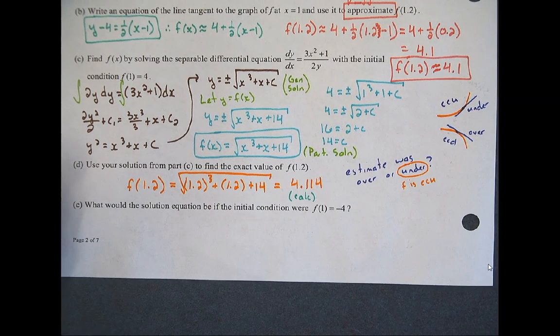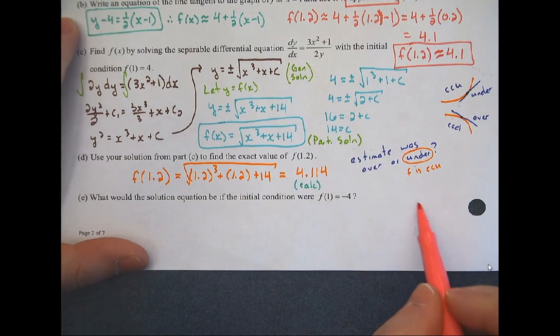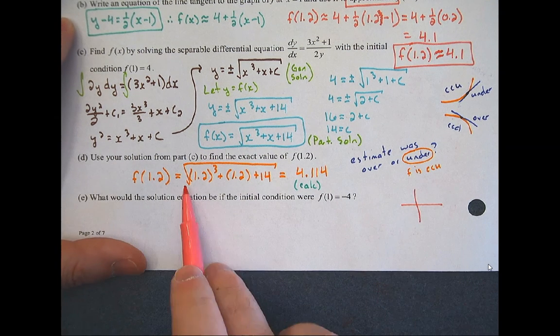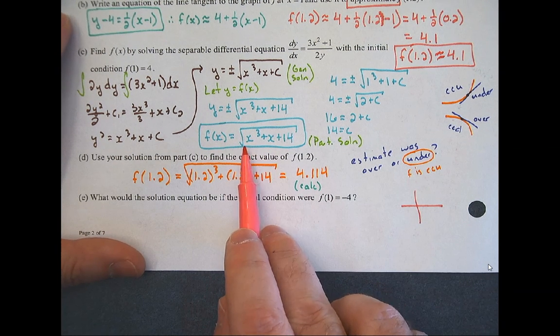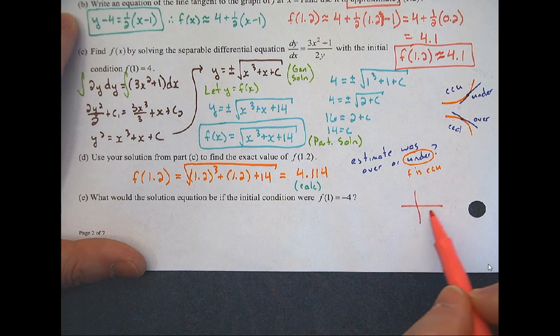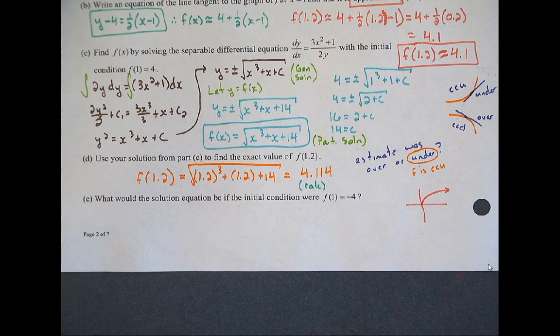Let's see if that's true. Can we make a quick sketch of our curve? So what is our function? The square root of something. So the square root graph looks something like this. Yeah, that fits, right?